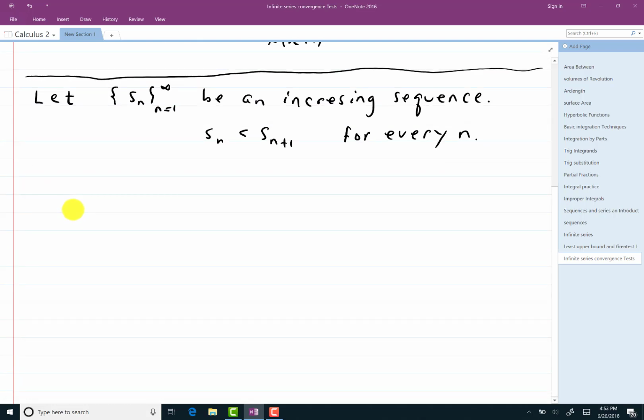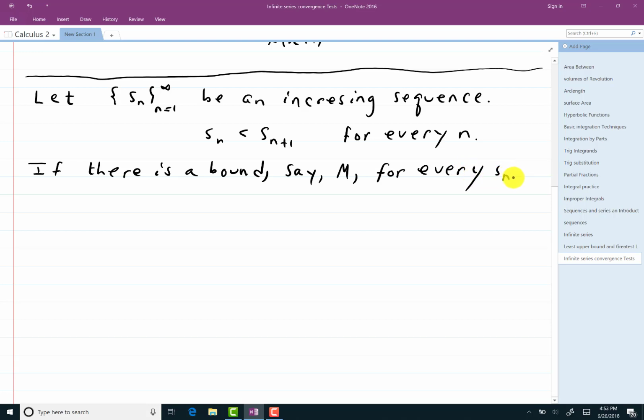Now, if there is a bound, let's say m, for every s sub n, what does that mean? That means that s sub n is less than or equal to m for all n.